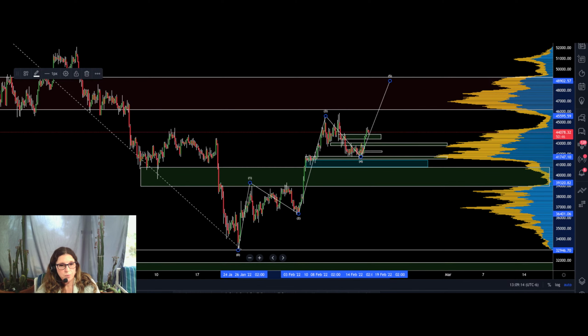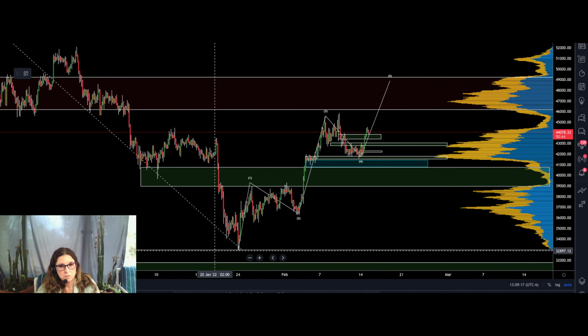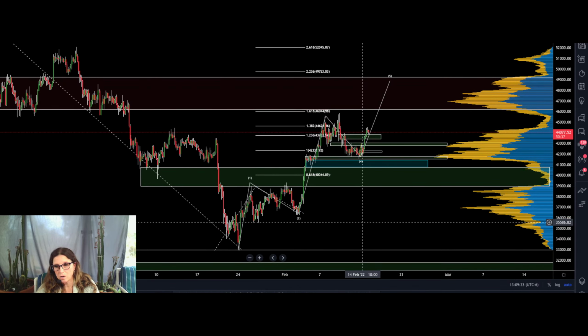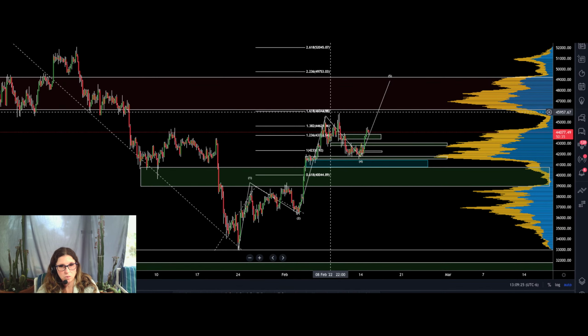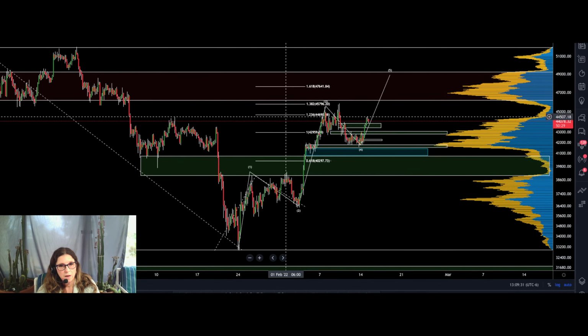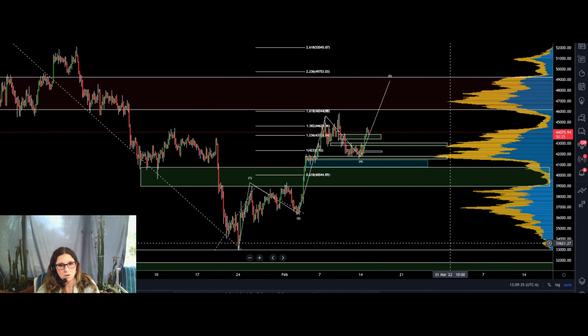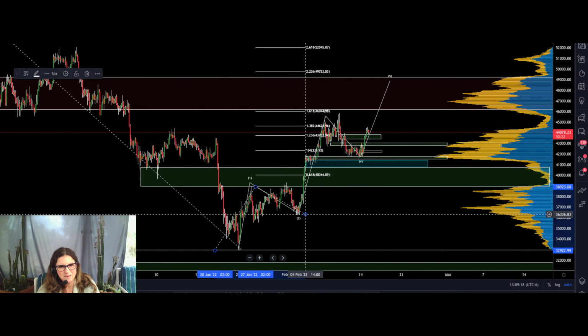All right, so when we pull a fib extension on this potential wave 1 to the wave 2, on linear scale, we're just shy of the 1.618. Okay, we did not hit it. And on log, we didn't hit it. But on linear, I would probably accept that as close enough.